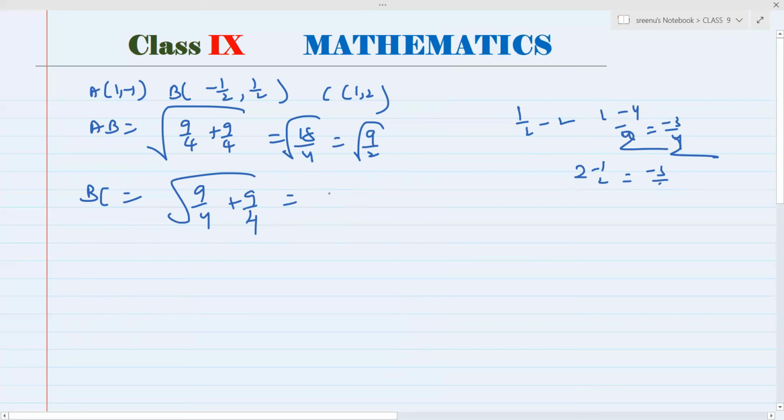Yeah, correct. This is also root 9 by 2, no? Root 9 by 2.